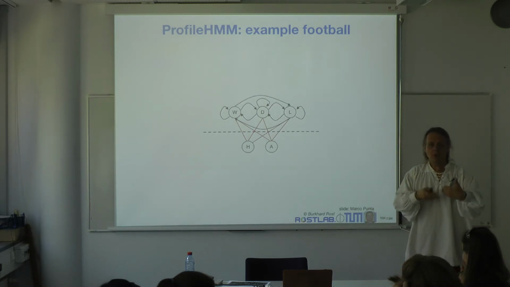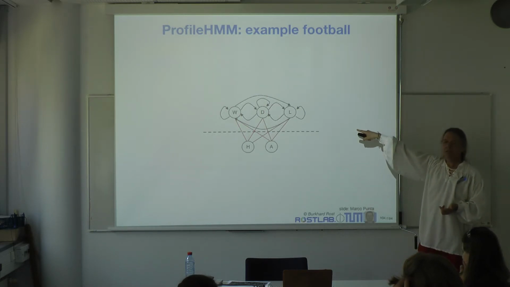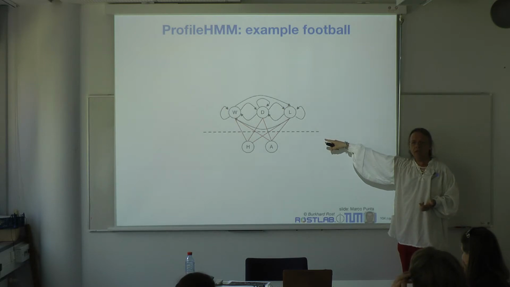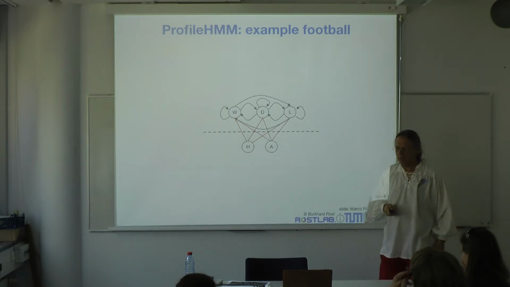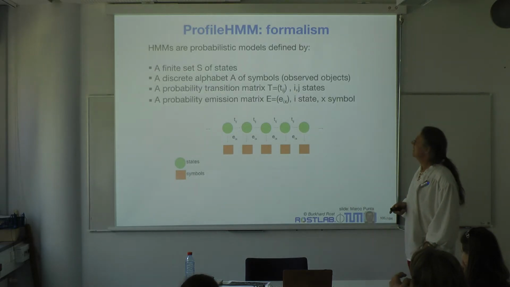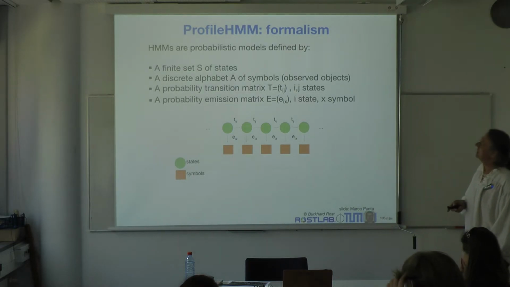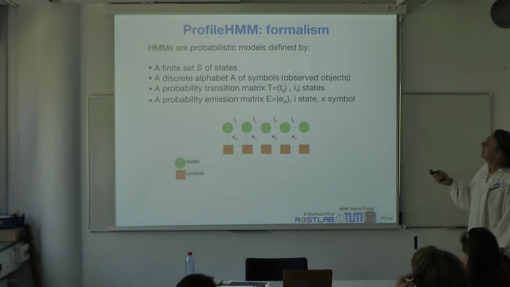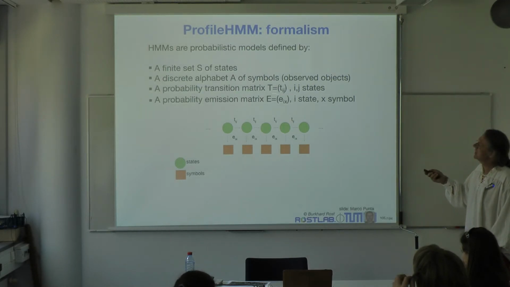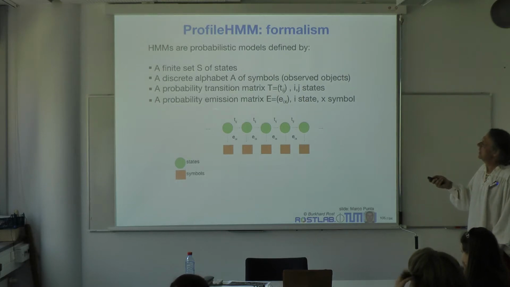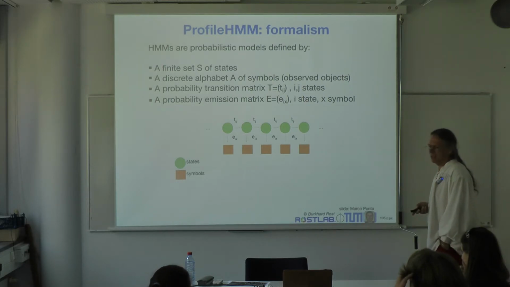And you hope that from the observed data, by getting the transition probabilities for the entire model right, you can predict for the next game what will happen, right? And this is in fact the formalism. There are finite states, a discrete alphabet of symbols, probability transition states, and an emission matrix.